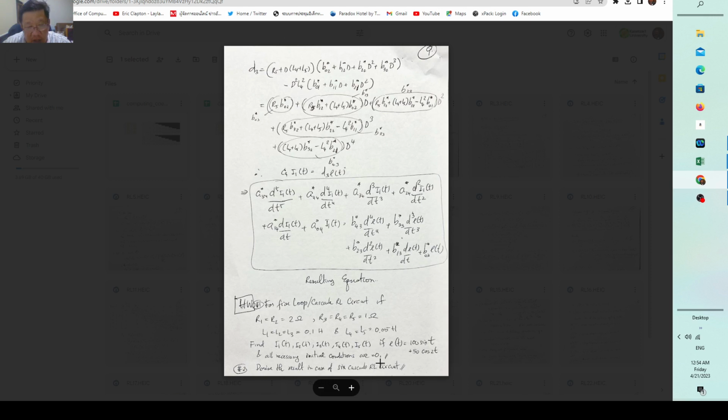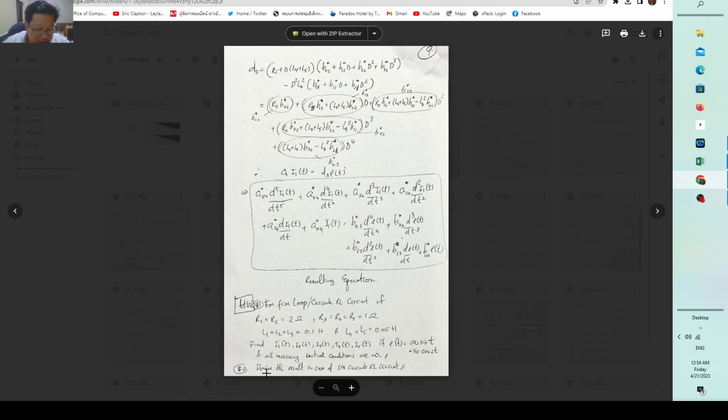It means that we start the circuit as an open circuit with a switch on the voltage source E(t). Once the switch turns on, you short the circuit to make it a complete circuit. Then we would like to know the expected I sub 1(t) up to I sub 5(t).